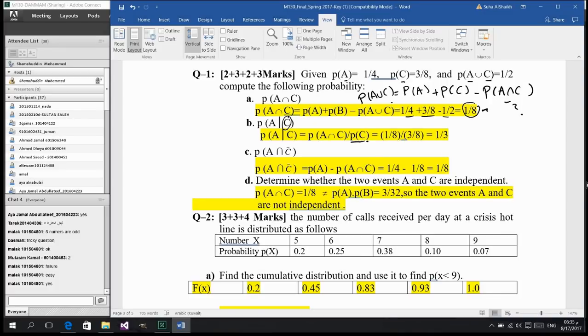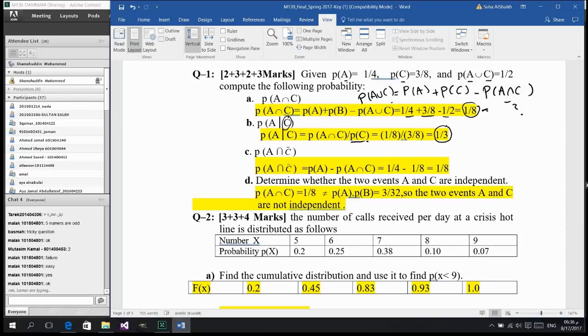Divide the 2 values, and the result is 1 over 3. As I told you, this is an important thing: questions where they give you some probabilities, asking you to get another thing out of them.